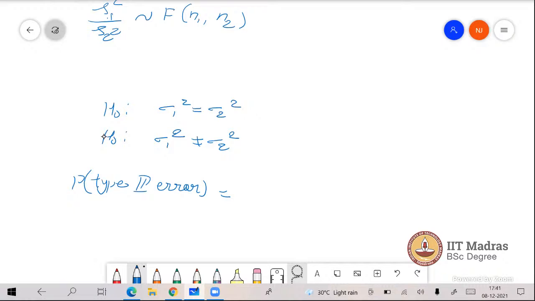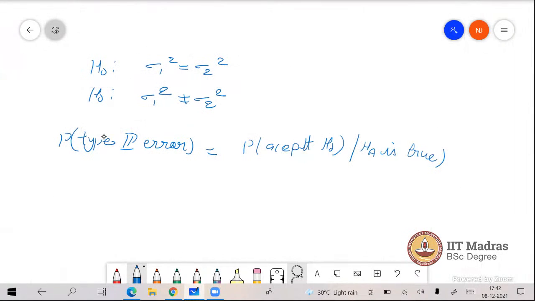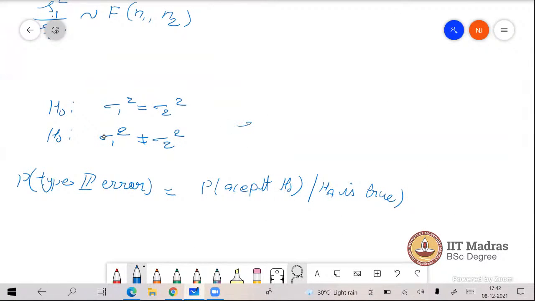Accept H naught when the alternative HA is true. Right? Okay. So let's say you're going to reject when S1 square is greater than T1 square or S square is less than T2 square.